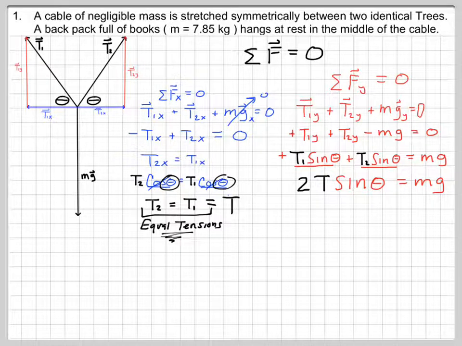So let's now finish the algebra. I'm going to divide both sides by sine theta and divide both sides by 2 and come up with an expression for T. The tension in each of the cables is equal to the weight force mg divided by 2 sine theta.